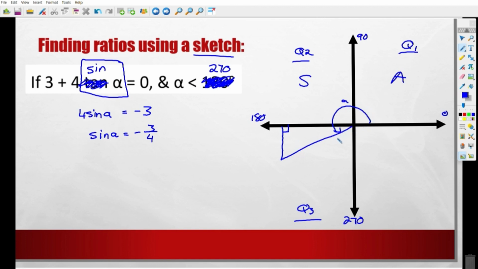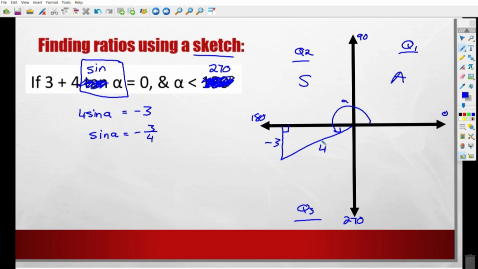I'm going to leave it as angle A. And we know that sine of A is equal to negative 3 over 4. What is the ratio for sine of A? Opposite over hypotenuse. So we've got negative 3 over my hypotenuse, which is always positive.